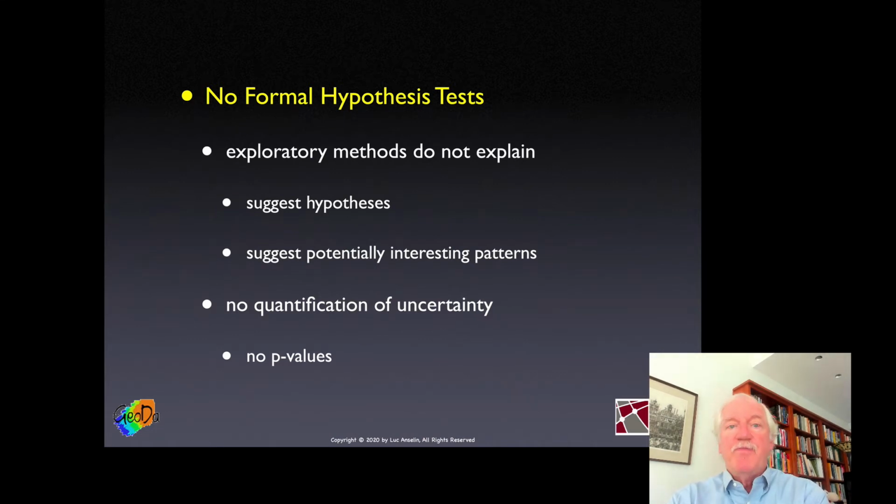Now, we have already seen 2 instances where we do have p-values, namely where we did the difference in means test with the averages chart and where we did the Chow test on the constancy of the slopes. So those are exceptions to the rule. A purist EDA person doesn't want to hear anything about hypothesis tests or p-values.